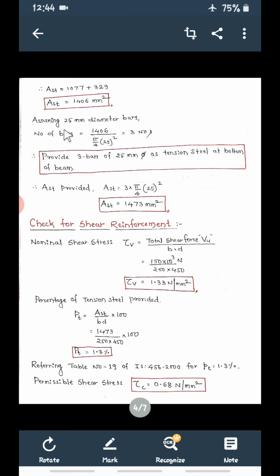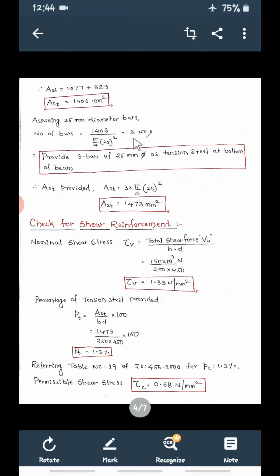It is left to you. You can assume 20 mm also, or 16 mm diameter, or some of you may assume 18 mm diameter. No problem. So assuming 25 mm diameter bars, the number of bars is equal to total AST divided by the area of one bar, that is pi by 4, 25 square.